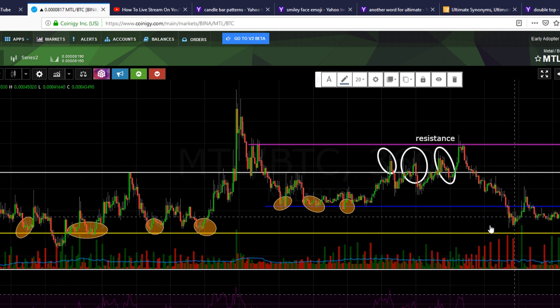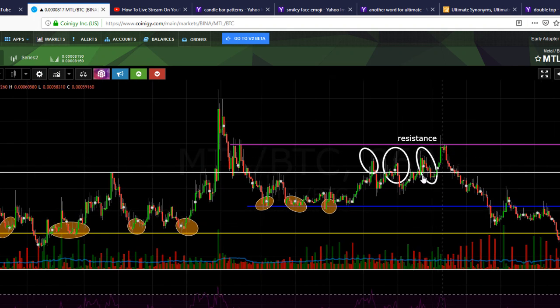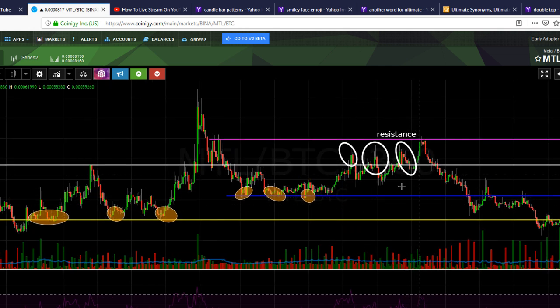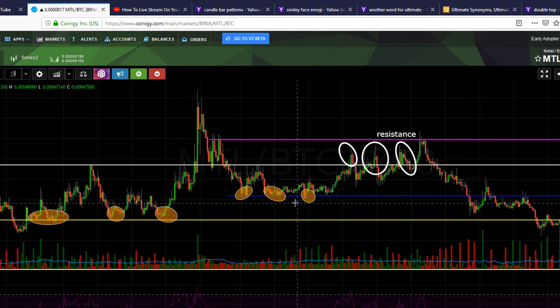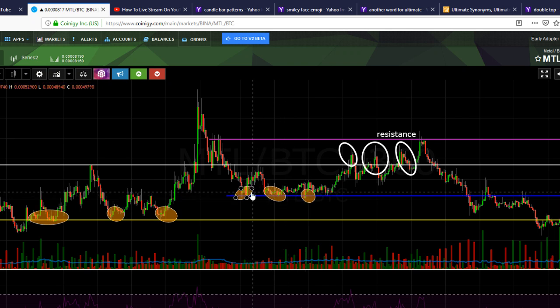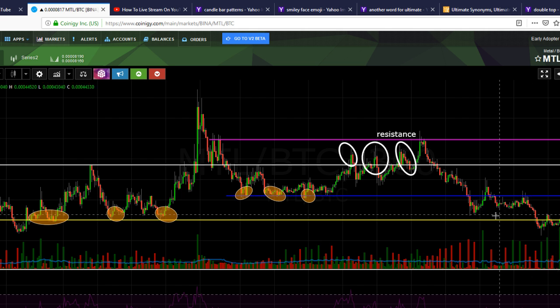So as you can see, once we got rejected, we had a heavy breakdown of price where it came back down. On the first attempt it almost hit the yellow line. It completely smashed through this blue line, which was the previous support for this area. So it completely smashed through that.